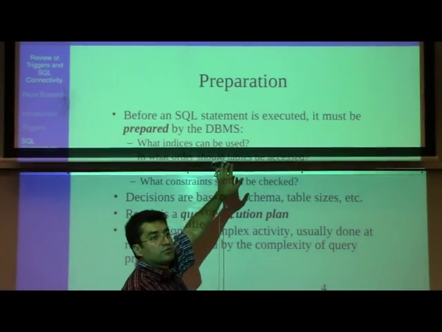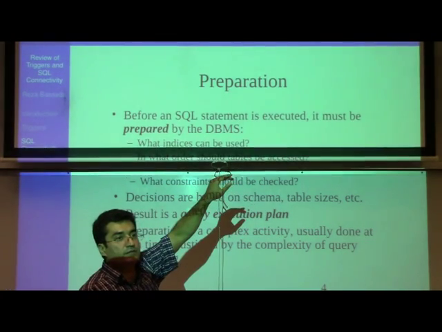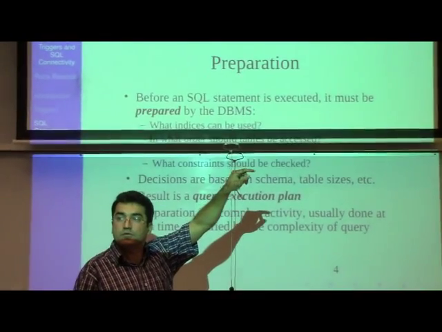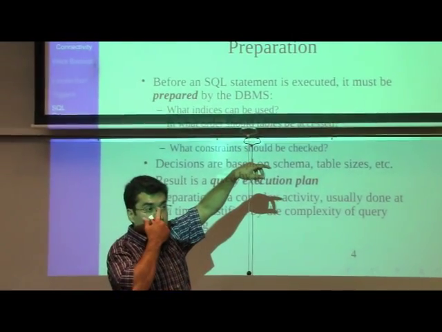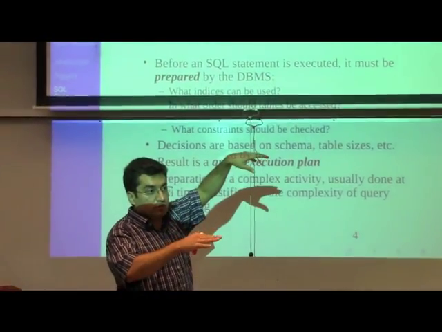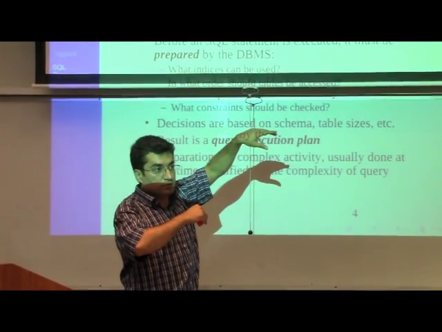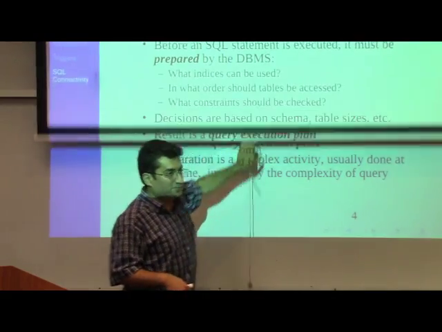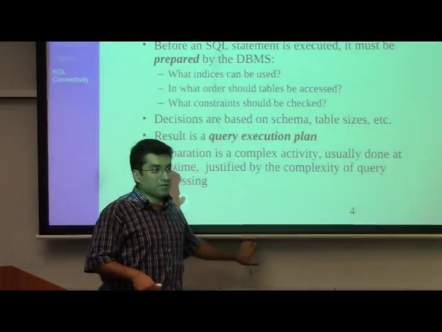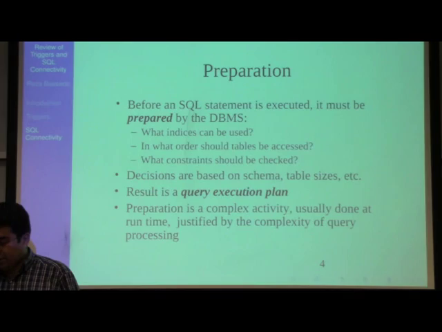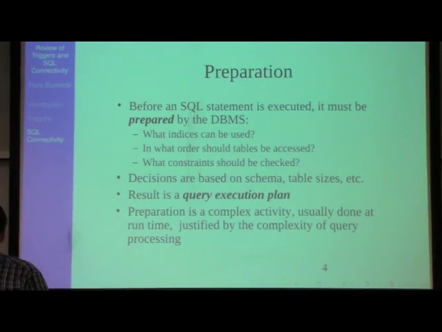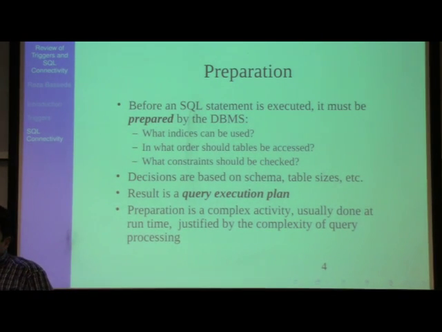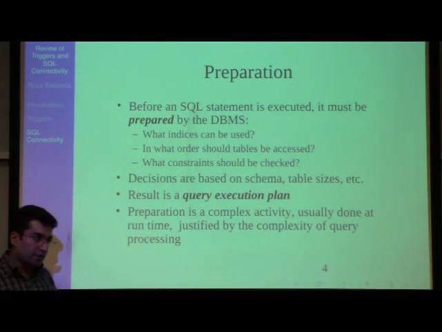We had this example of two tables with different sizes. I asked which query is faster. We had this example two or three weeks ago where we wrote the execution plan, and we saw that one execution plan can be much faster than the other one.